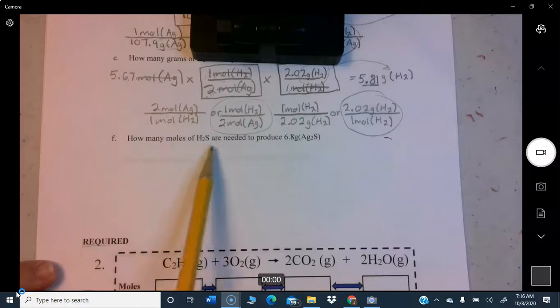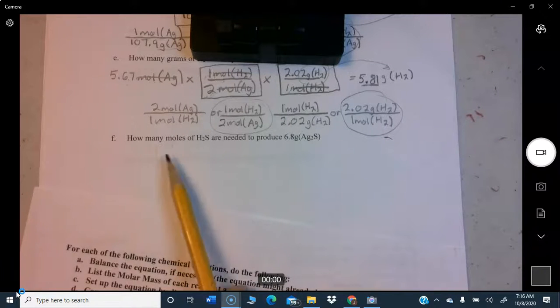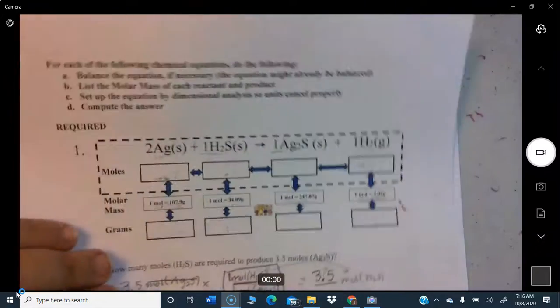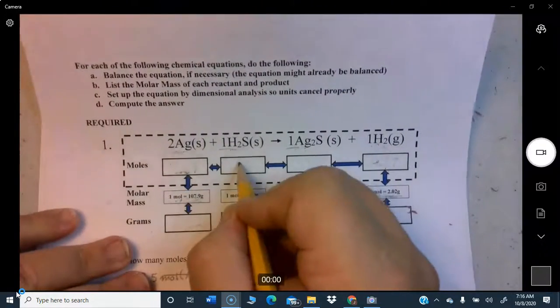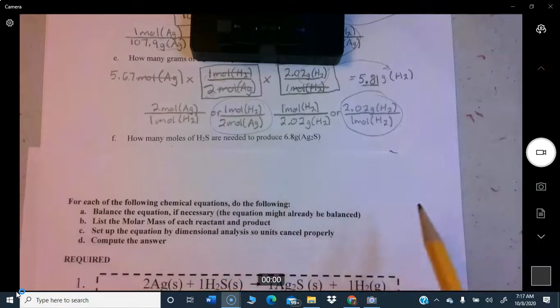So how many moles of H2S are needed to produce 6.8 grams of Ag2S? Just fixing my graphic organizer. So it's asking how many moles of H2S. So here's H2S, here's moles, so it's question mark for that. Are needed to produce 6.8 grams of Ag2S.